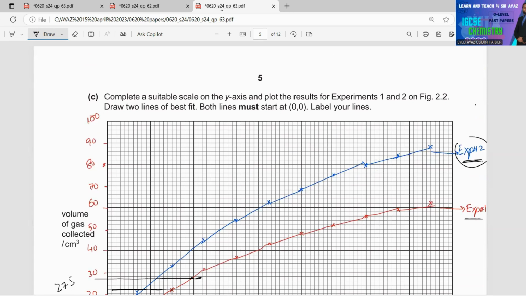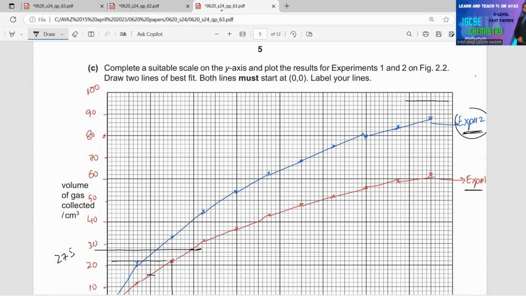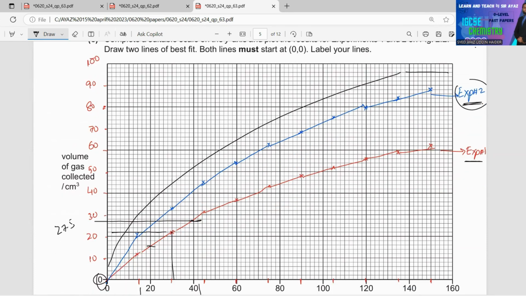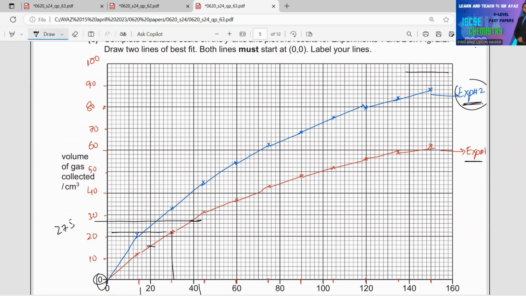So we have increased the concentration. You must be getting a graph something like that. This one is for I.